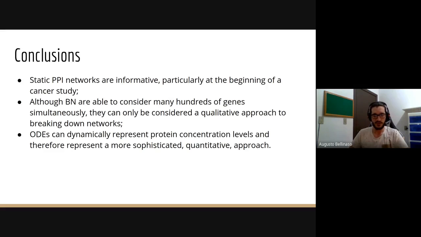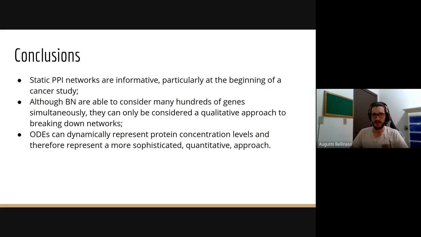works in the organism. And finally, with ordinary differential equations we can represent protein concentrations and also have a more sophisticated and quantitative approach when studying the effects of cancer and cancer drugs.